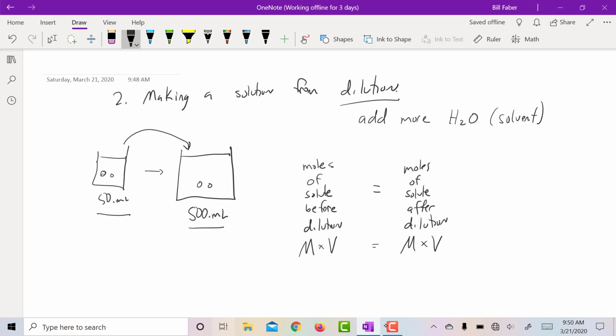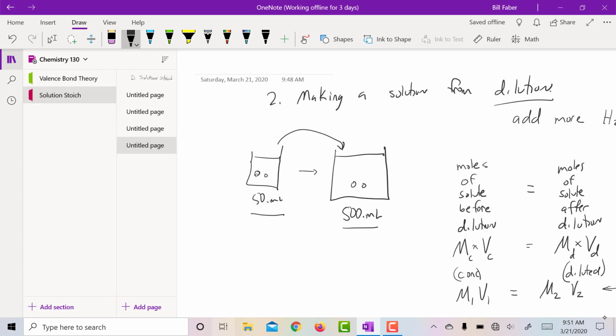And sometimes we put C for concentrated and D for diluted. So this is concentrated and this is diluted. Or even more generically, people sometimes put M1V1 equals M2V2. And this is what I typically use and most people do. So just remember that your moles before equal your moles after.